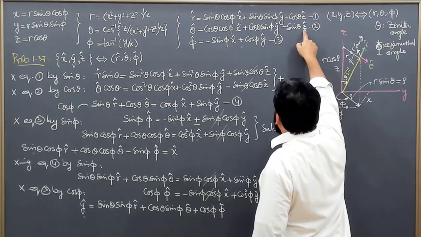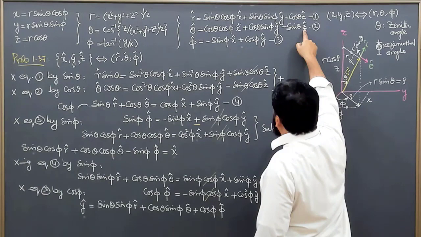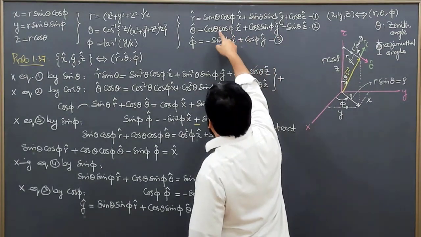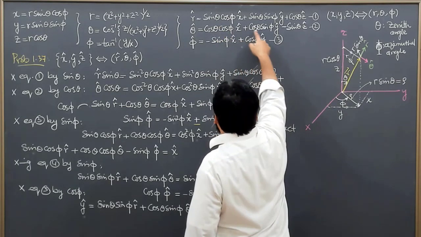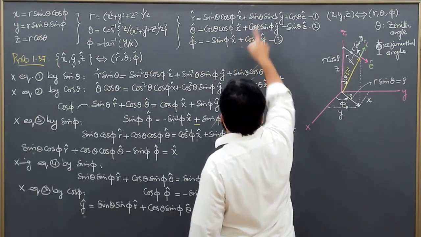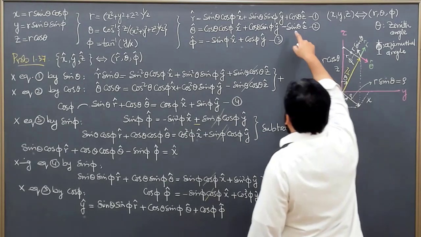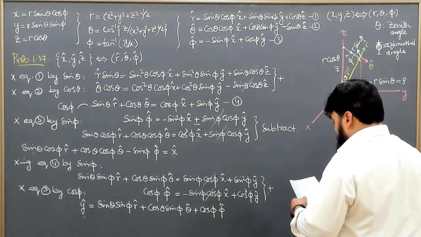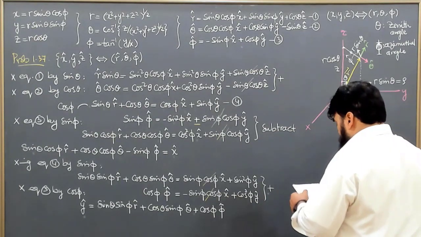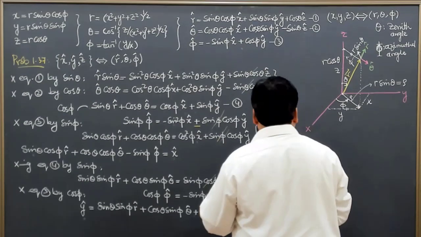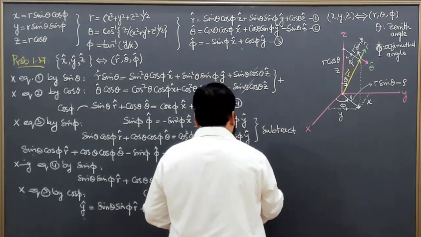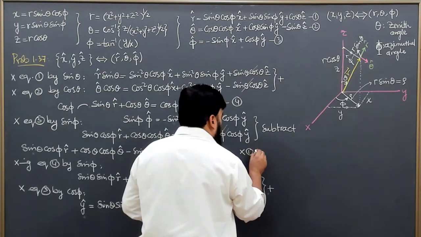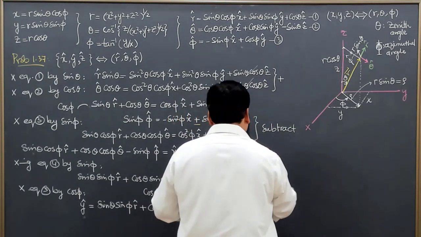So to keep the z unit vector, I will have to multiply in such a manner that the x and y unit vectors cancel each other, while the z term remains with us so that we can calculate the z unit vector. So what we do, we multiply equation 1 by cos theta.